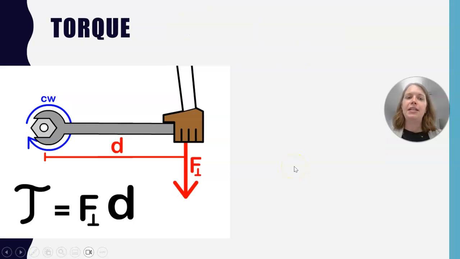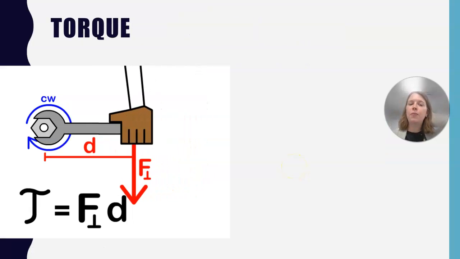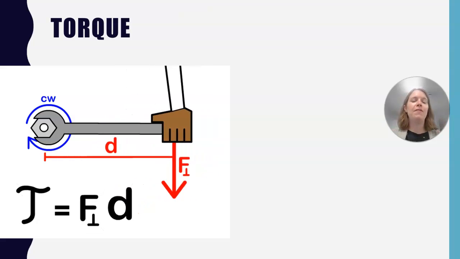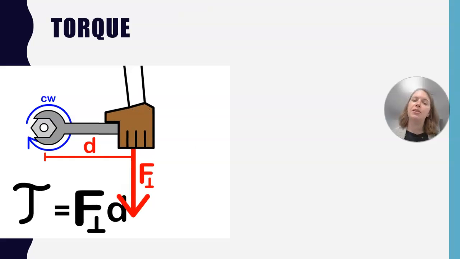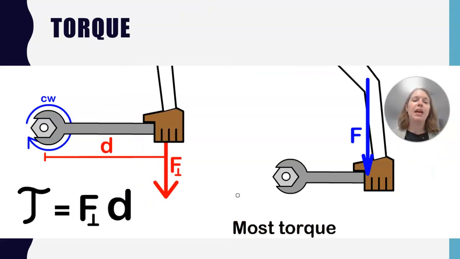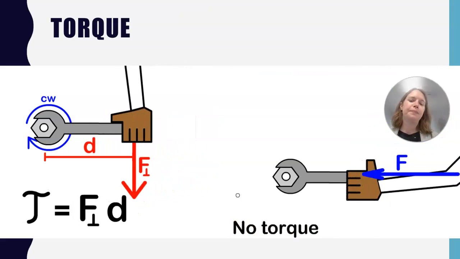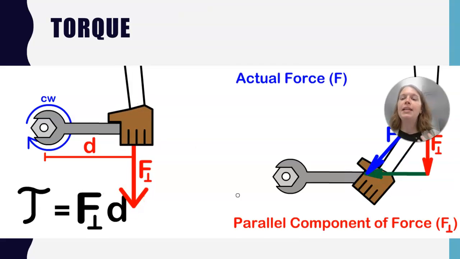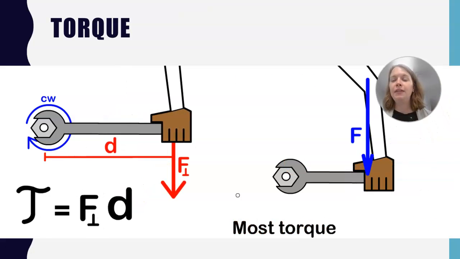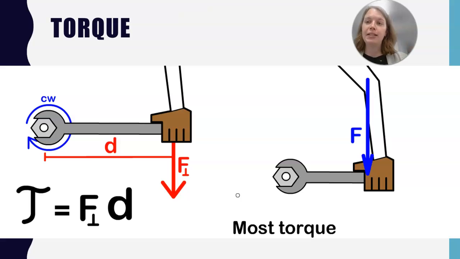So this is our idea of torque: if we increase the distance from the pivot point at which we exert a force, we can exert a greater torque, and if we increase the force, we can exert a greater torque. The force needs to be perpendicular in order to give the greatest torque.